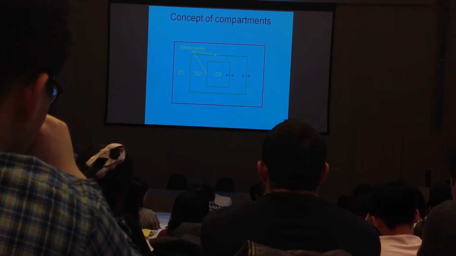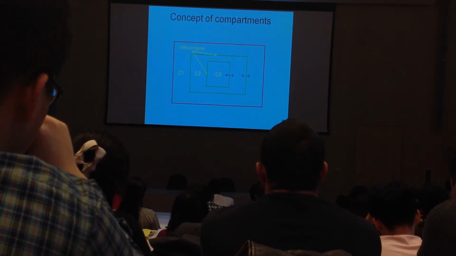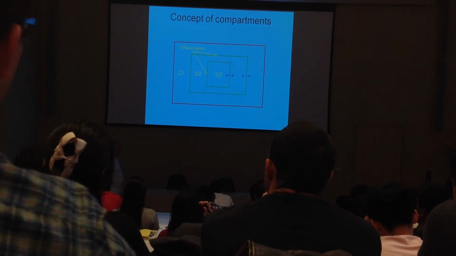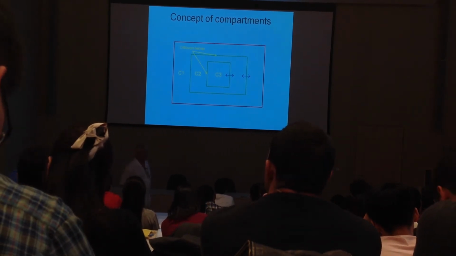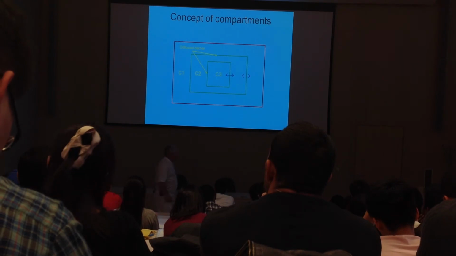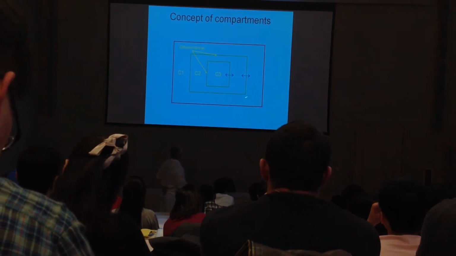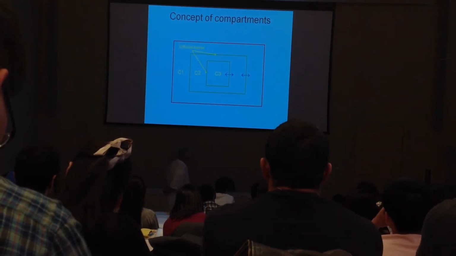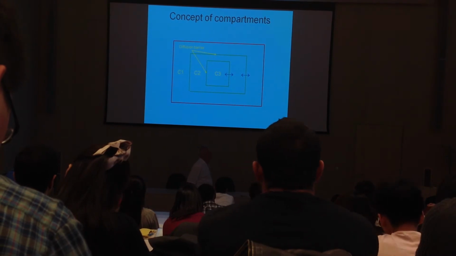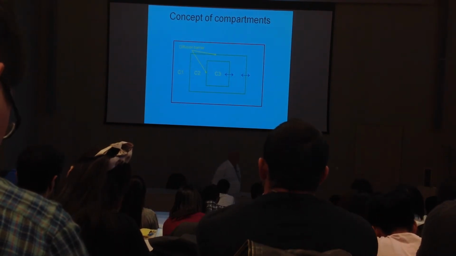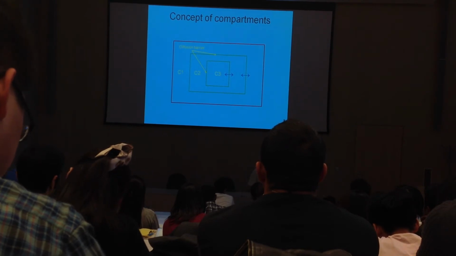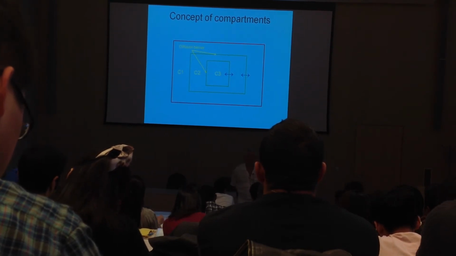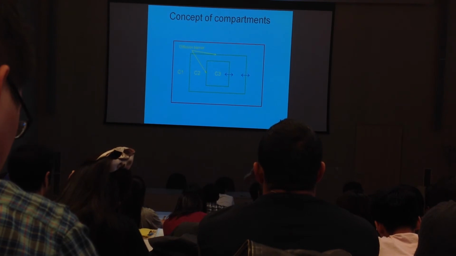Concept of compartments. As we all know, the body fluids are compartmentalized. What are compartments? Compartments are subspaces of the body separated by barriers, which limit the diffusion of substances from one side to the other, so between the two compartments.